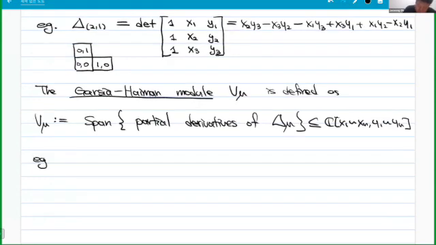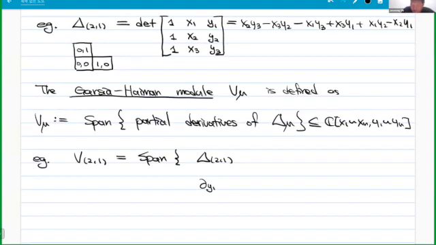V21 is the span of delta 21, which I've calculated here. You can take the partial derivative with respect to the y variables. So take partial y1, it will give x3 minus x2, x3 minus x2.